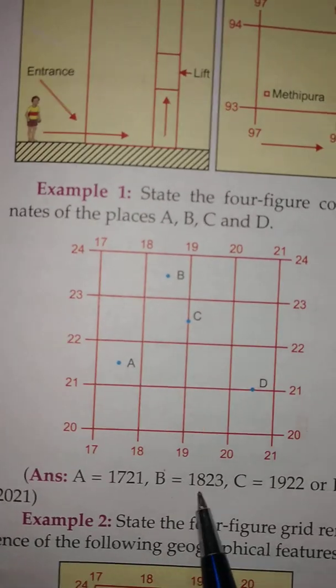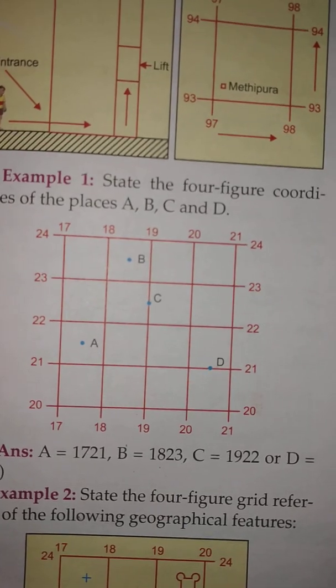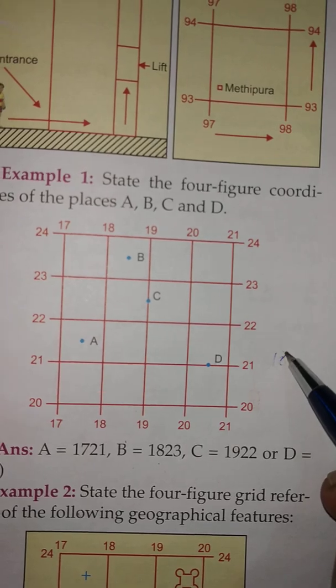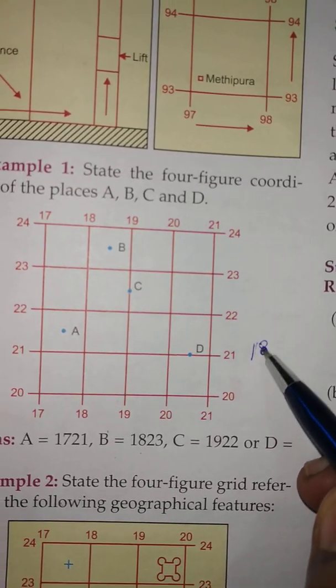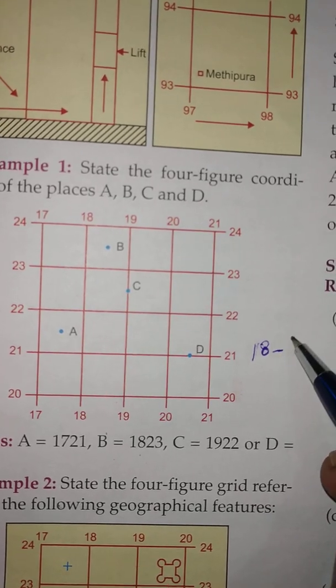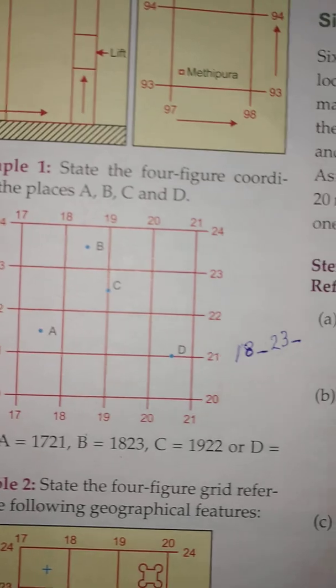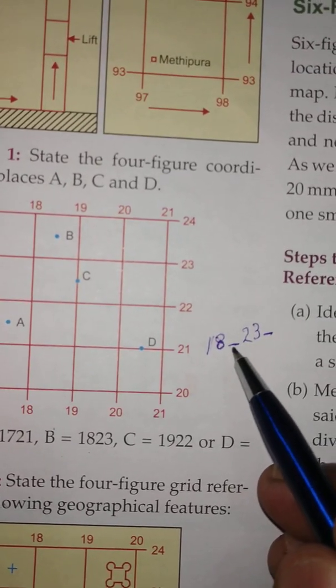B is here, 1823. But when we have to write a 6-figure reference, what is the method? We will write 18, then we will give a space, then we will write 23, and again we will give a space. The space which we have given here is for the 5th and the 6th digits.